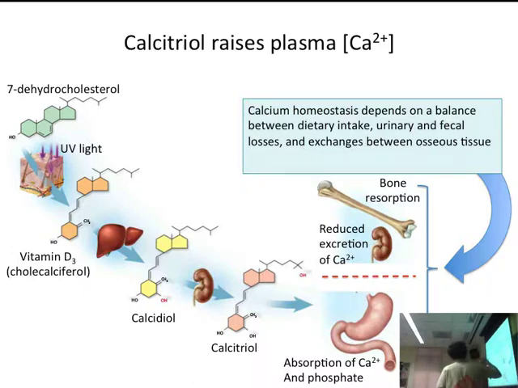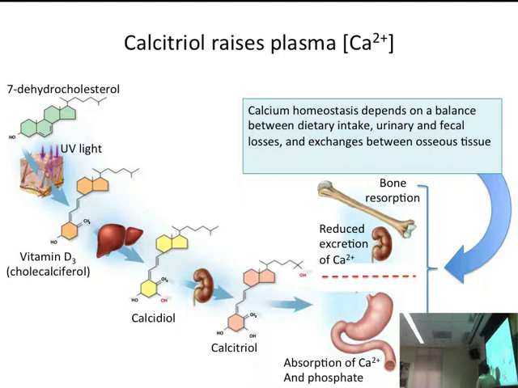Parathyroid hormone works with calcitriol. They work together. So calcitriol also raises plasma concentrations of calcium. Calcitriol gets into your body one of two ways. Either this derivative of cholesterol that's in the skin gets hit by UV light, sun, gets converted to vitamin D3 in the skin, which gets sent to the liver, gets converted to calcidiol, and then the kidneys turn that into calcitriol.